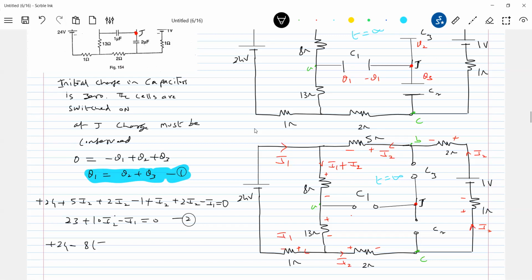24 minus 8 I1 plus I2, minus 13 I1 plus I2, minus I1 equal to 0. So 24, 13 plus 8, 21, 22 I1.